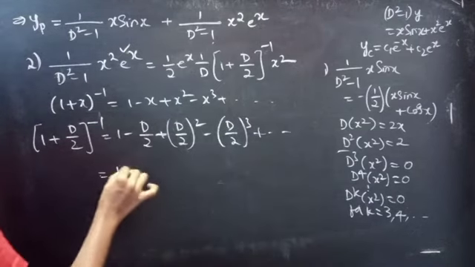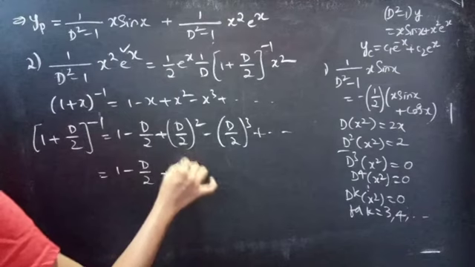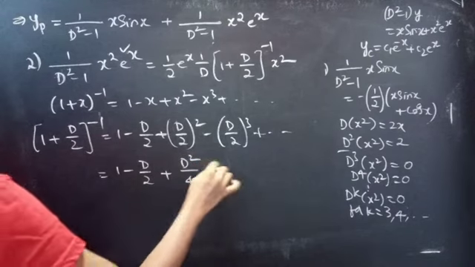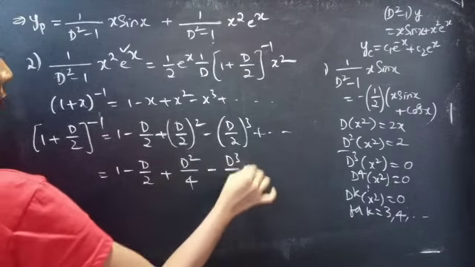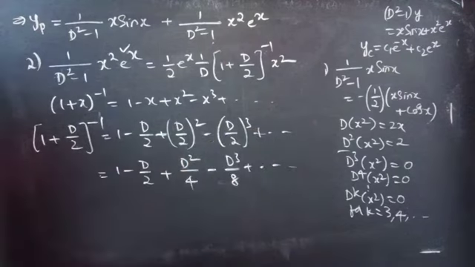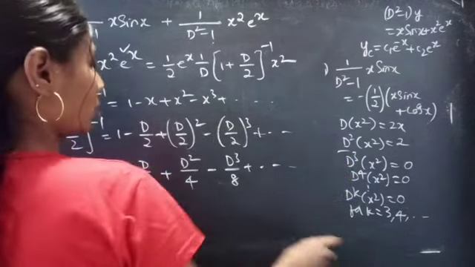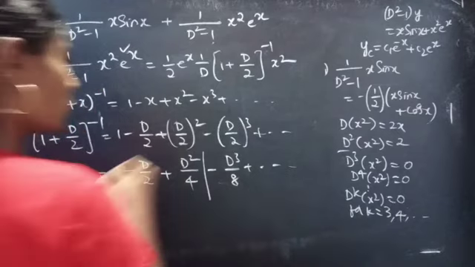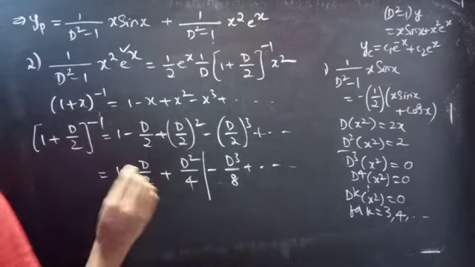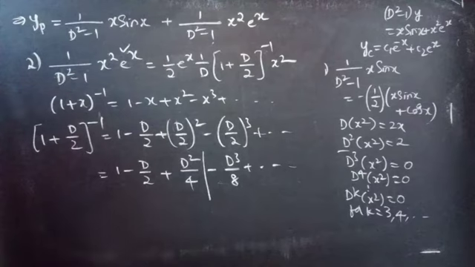This is equal to 1 − D/2 + D²/2² − D³/2³ plus so on. We know that all the higher derivatives of x² from D³ onward are 0, right? So we can neglect all the terms from here and we'll take only the first 3 terms.